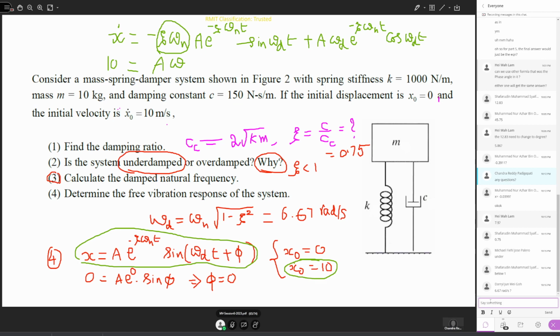When you put time t equal to 0, you get only A into omega d. The whole thing becomes 1. So from this, you can calculate A is equal to 10 over omega d.